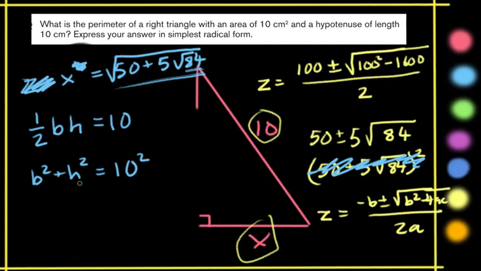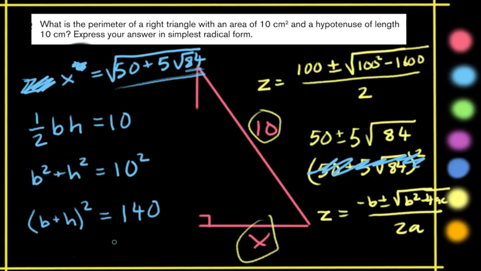What I would like to end up with is (b plus h) squared, which will be b squared plus h squared plus 2bh. 2bh is 4 times this. Is that right? So if I add 4 times this equation onto this equation, I'll get this on this side, and then that will equal 100 plus 40 on this side, 140.